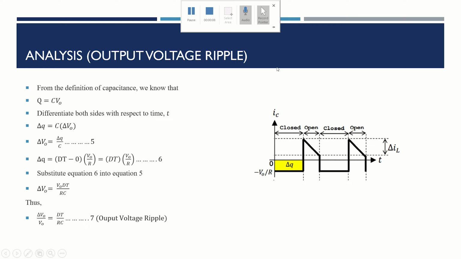Analysis of output voltage ripple. From the capacitance rule, we know that Q equals to CV, and this V will be equal to Vout.